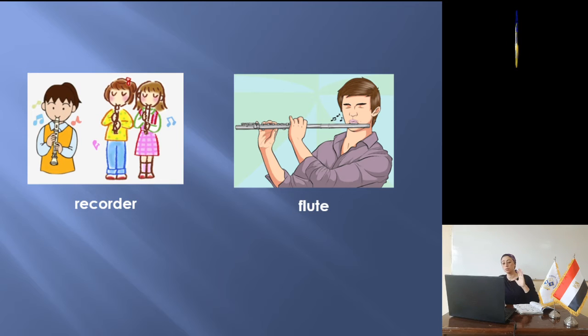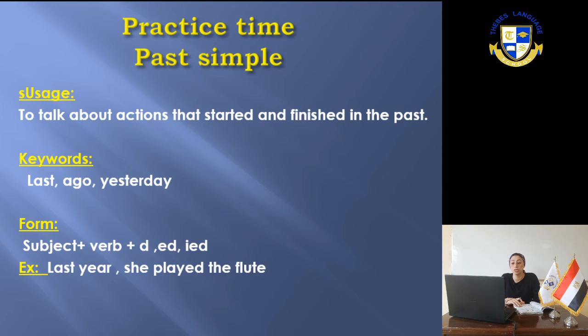This is great. So let's move to slide number 9 in order to start our practice time, which means the grammar lesson. The past simple tense. We have mentioned the past simple tense loads of times before, right? It's very easy. So let's remember what the past simple tense is.